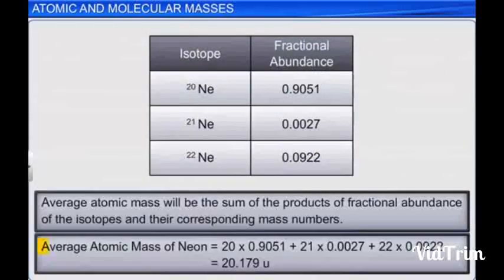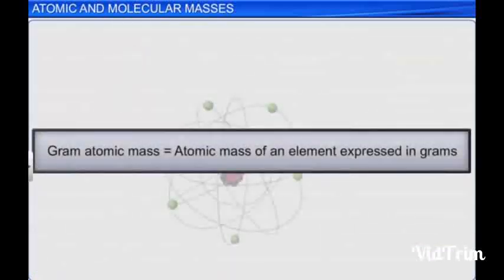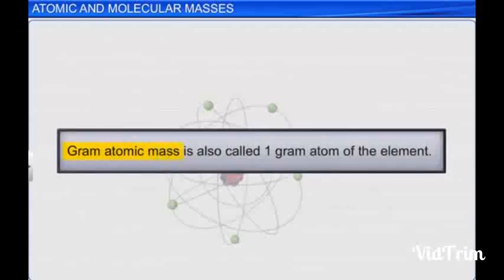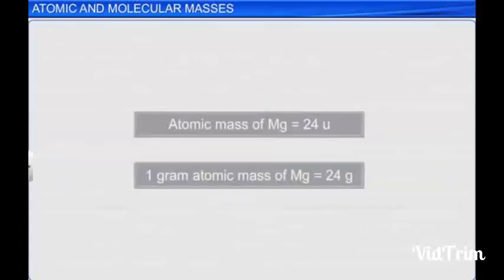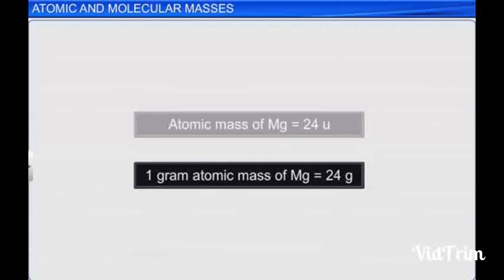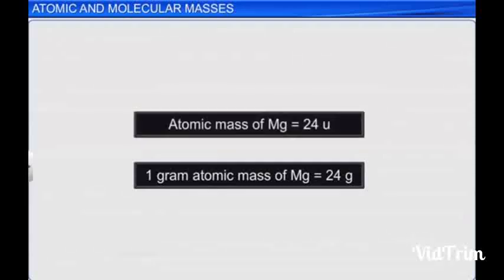The average atomic mass of neon will be calculated as 20.179 U. When the atomic mass of an element is expressed in grams, it is called gram atomic mass. Gram atomic mass is also called 1 gram atom of the element. For example, 1 gram atom of magnesium is equal to its atomic mass expressed in gram, which is 24 gram.